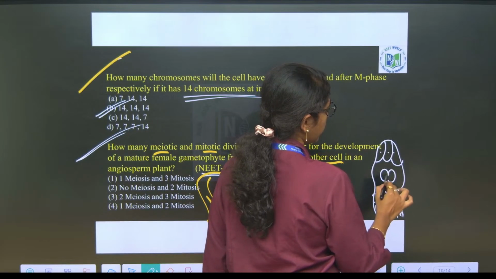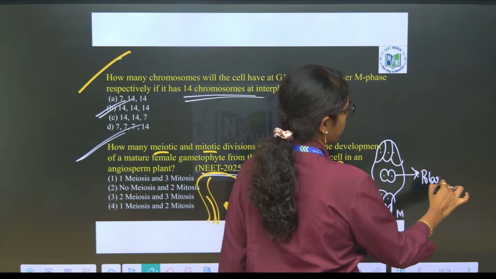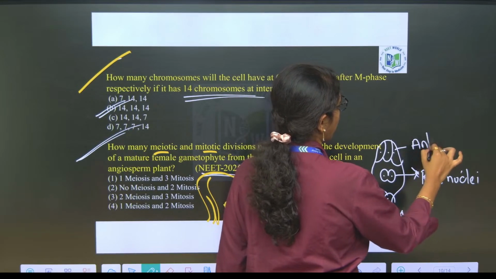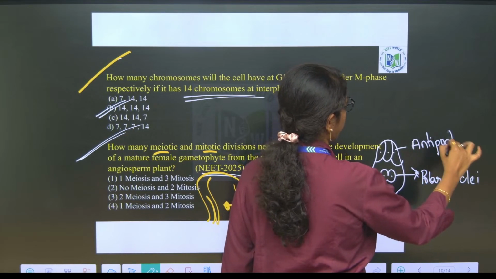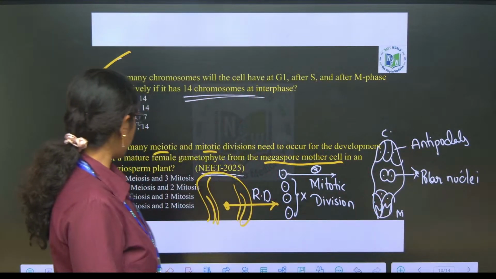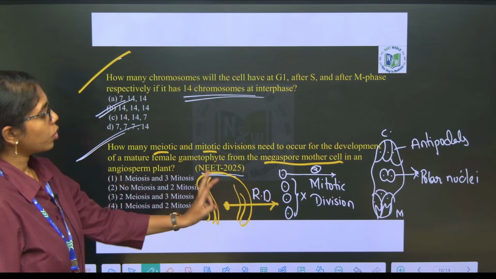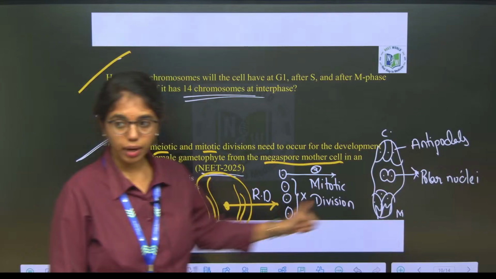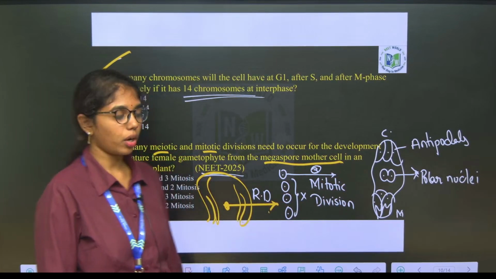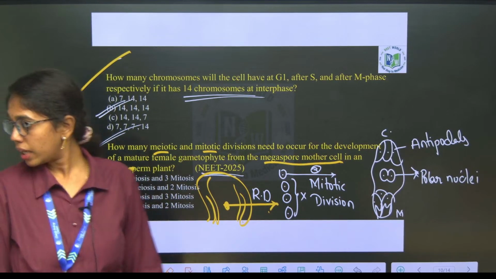At the center, there are polar nuclei and antipodals at the chalazal end. So, this is the female gametophyte. To form a mature female gametophyte from megaspore mother cell, 1 meiotic division and 3 sequential mitotic divisions occur, 1 meiosis and 3 mitosis. Option 1 will be the right answer.